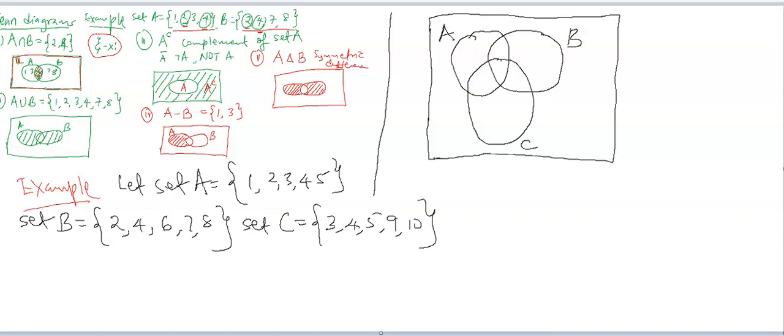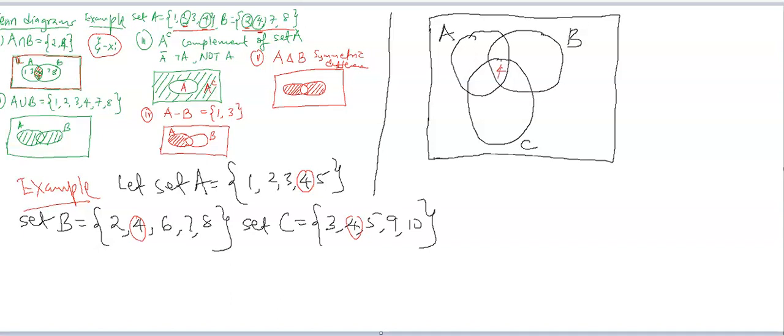What you should do is always start at the center. This is the element that appears in all the sets. You'll see that 4 is in set A, 4 is in set B, and 4 is in set C. So we write 4 here.